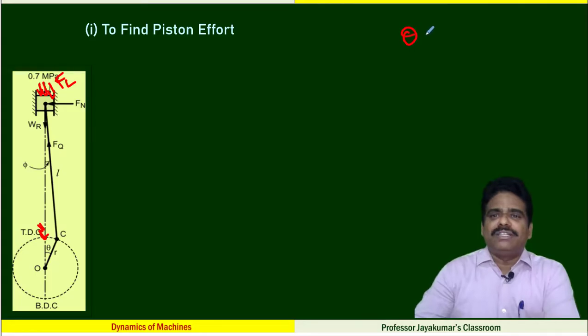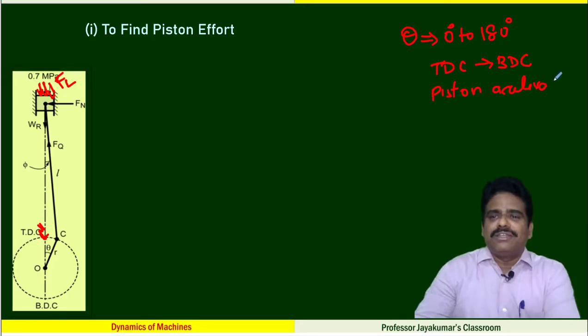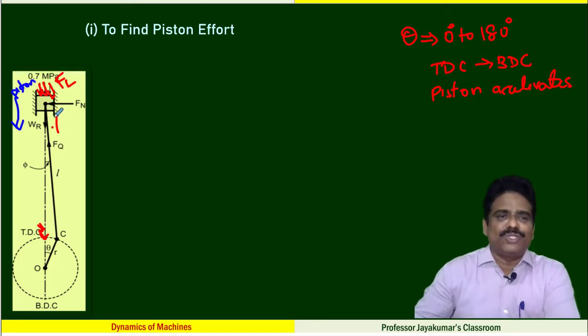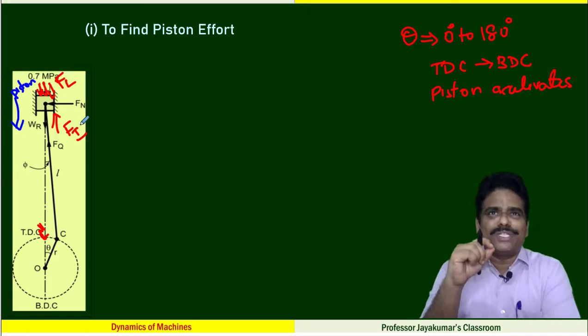From theta 0 degree to 180 degree, we call it TDC to BDC, the piston accelerates. When the piston accelerates, inertia force will be acting in the opposite direction to that of the piston movement.